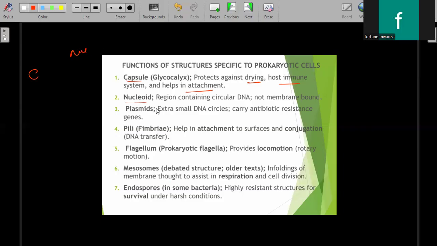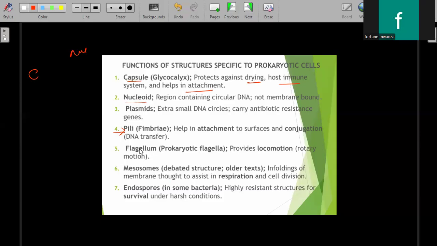You also have what we call the plasmid, which carries the antibiotic resistance gene. Then you also have the pili, which are involved, like I said, in conjugation and attachment. This is the sex organ of a bacterium, the pili.